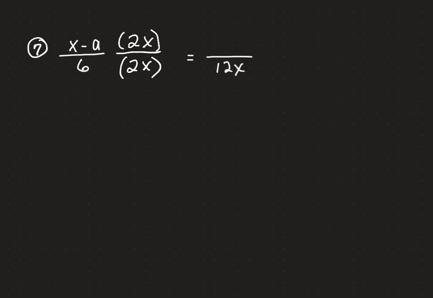The value doesn't change, only the format. So here we go. 6 times 2x equals 12x. And then in the numerator, we have 2x times x minus a. We have found an equivalent fraction with the denominator 12x. We're done. Not too hard, huh?